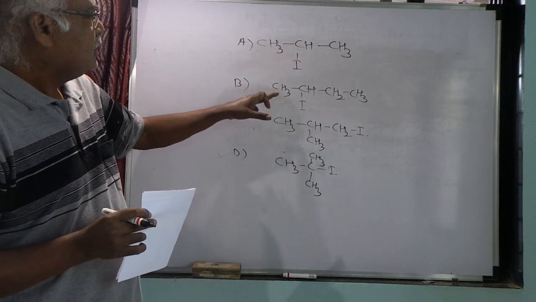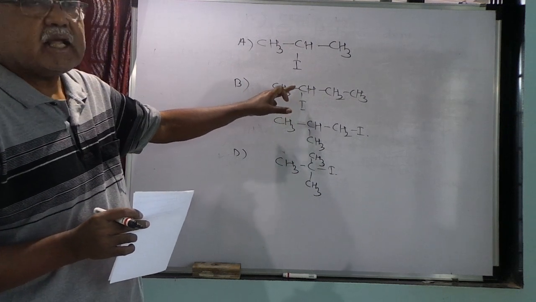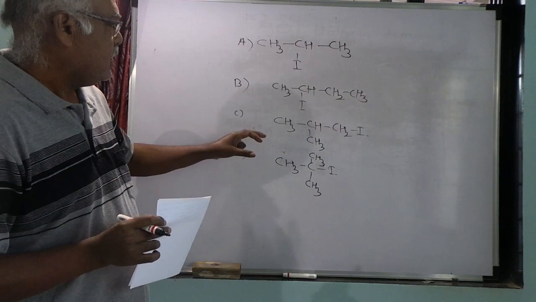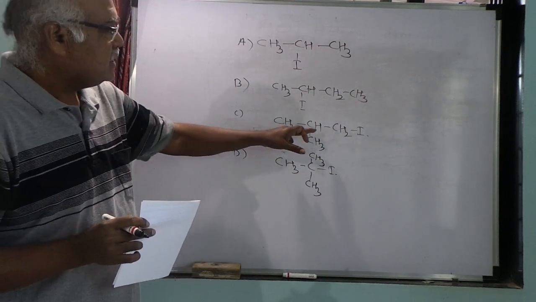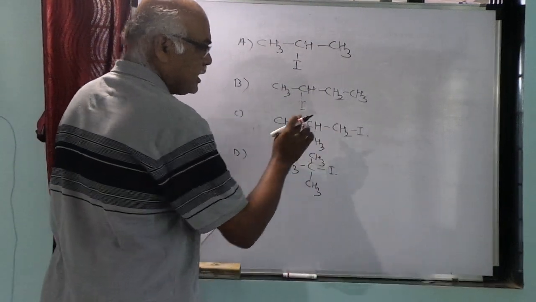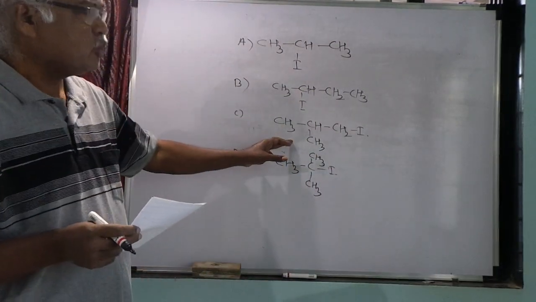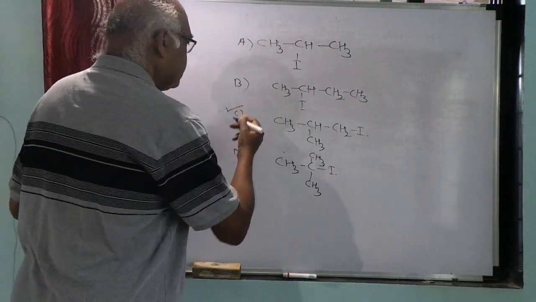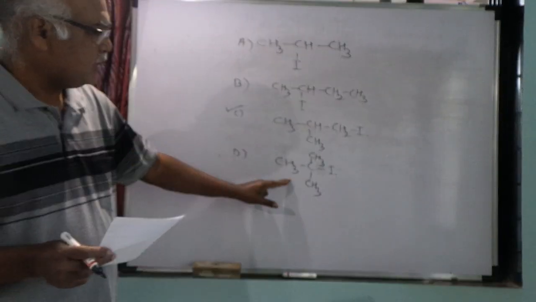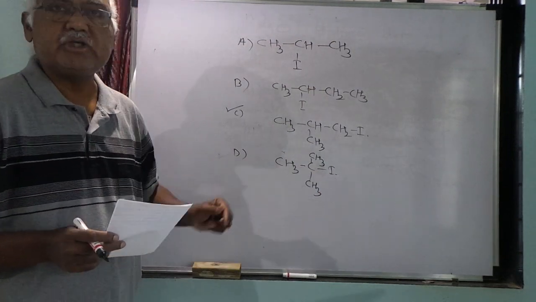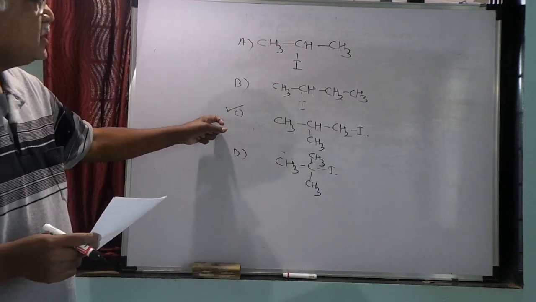Then B is also a secondary alkyl halide because the halogen atom is attached to a secondary carbon atom. Now this is a primary alkyl halide because the halogen atom is attached to a primary carbon atom, and this is isobutyl iodide. So the correct option is isobutyl iodide. And the fourth one is tertiary butyl iodide. The halogen atom is attached to a tertiary carbon atom. So option C is correct.